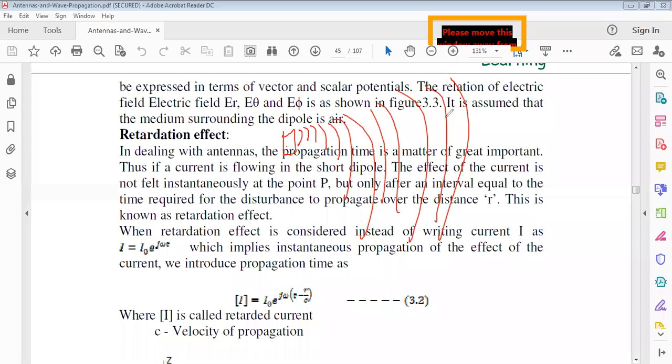Then what is the gap between these two waves? Why does the gap exist here? Moreover, this gap is always uniform.